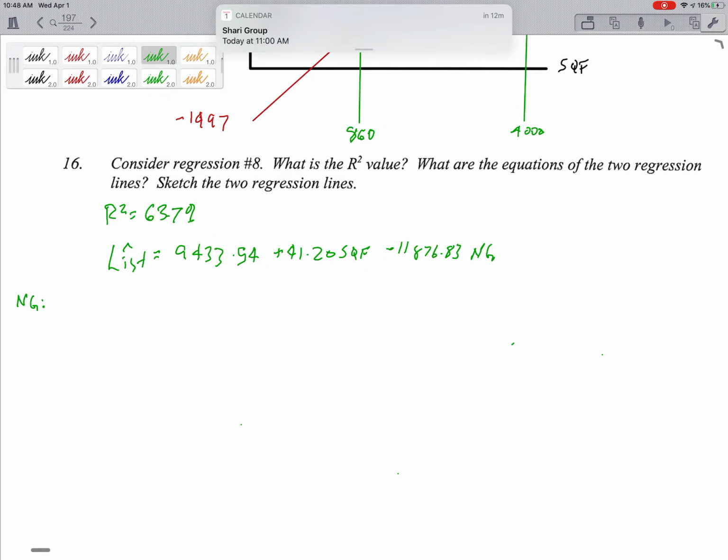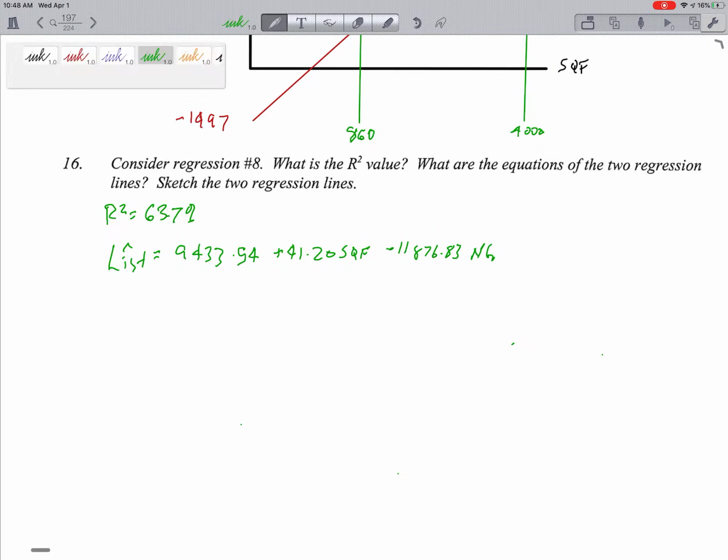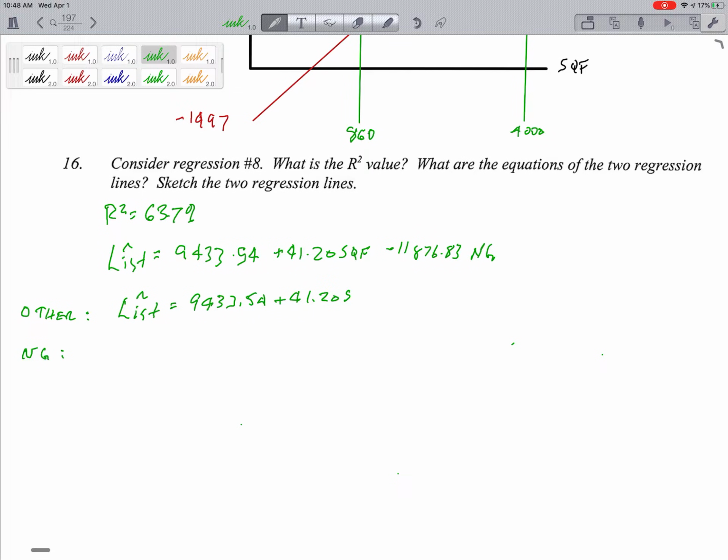Okay. So we're going to have other, and we're going to have natural gas. So this is how the house is heated. So with other, the listing price of the house is equal to 9433.54 plus 41.20 SQF minus 11,876.83 times 0.